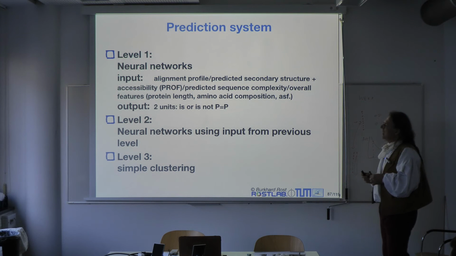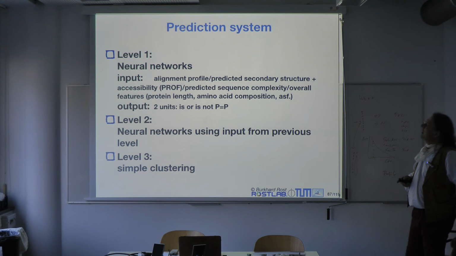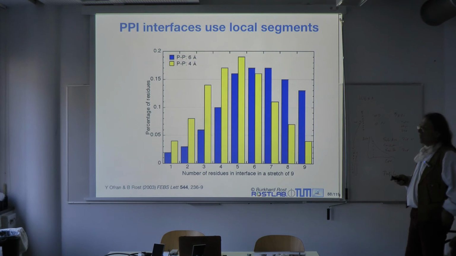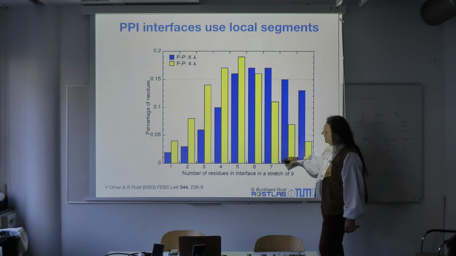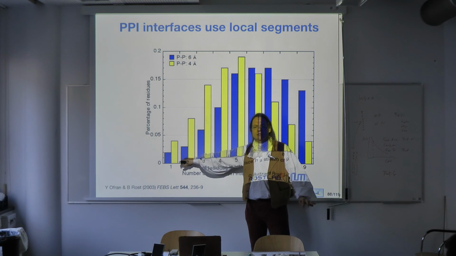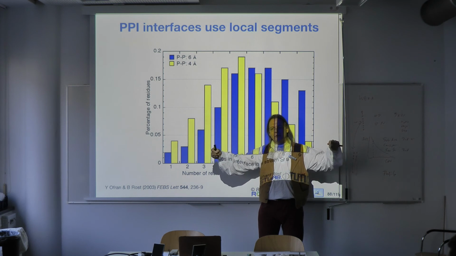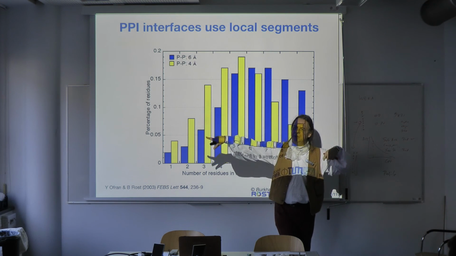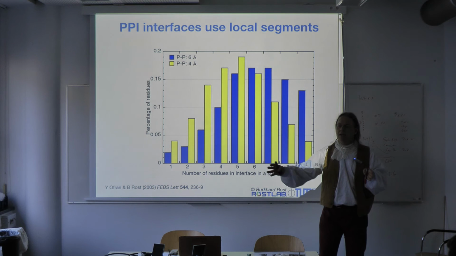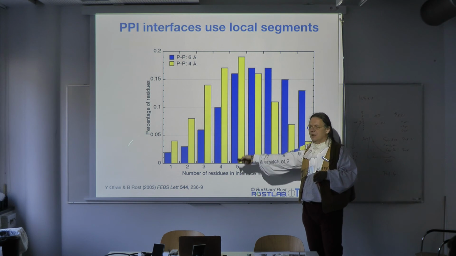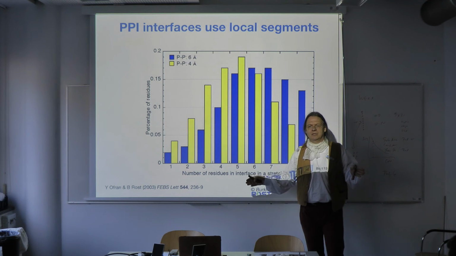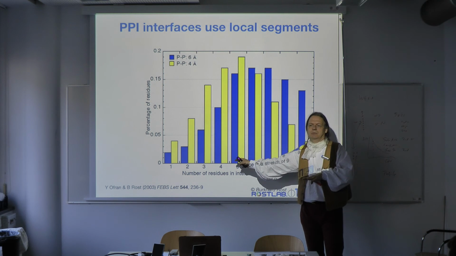Now, in order to go a level higher, I have to do all kinds of additional things. One is I have to do clustering. So I have to say that, well, if I see these isolated things, so if I see a window, after I run one prediction method, I know every binding site. And now, since I have observed this, I can say, okay, if I predict only 1 in a window of 9, I will just filter that out.